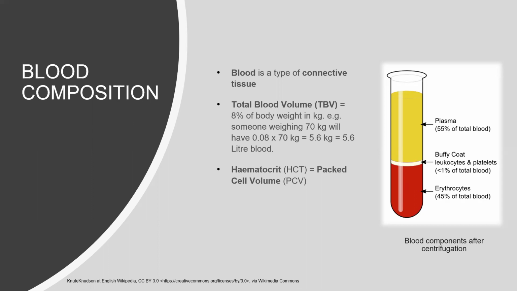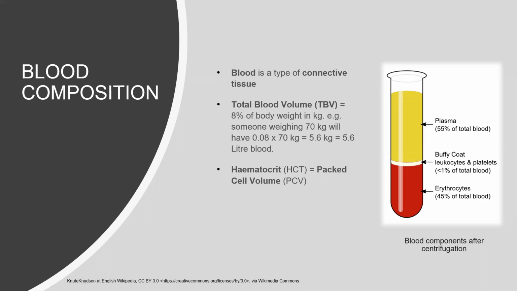A hematocrit is also called a packed cell volume, and it is the volume percentage of red blood cells in blood, measured as part of a blood test, and normal hematocrit is 45%, right? 45% is a normal hematocrit. HCT or PCV, you can see different types of naming it.